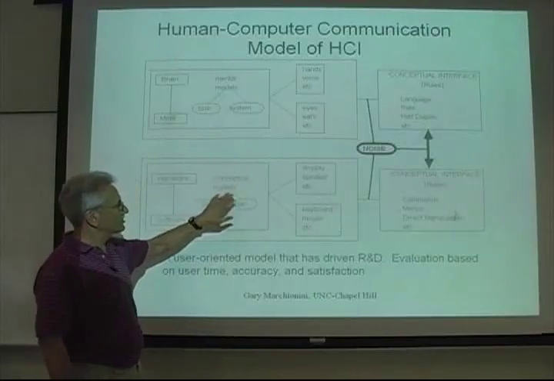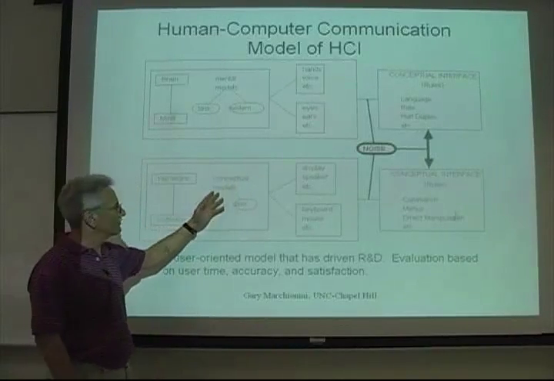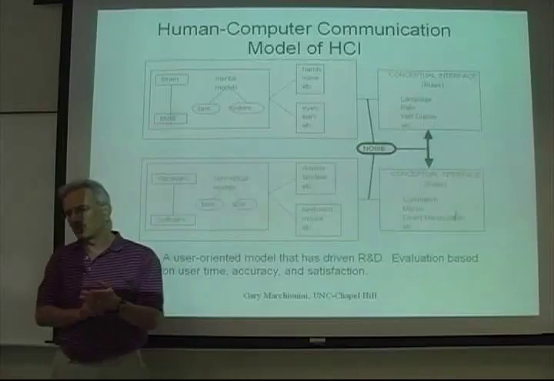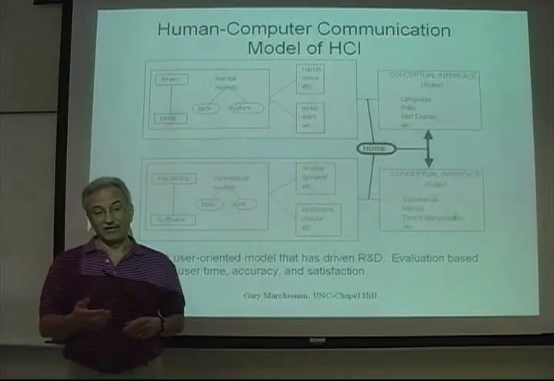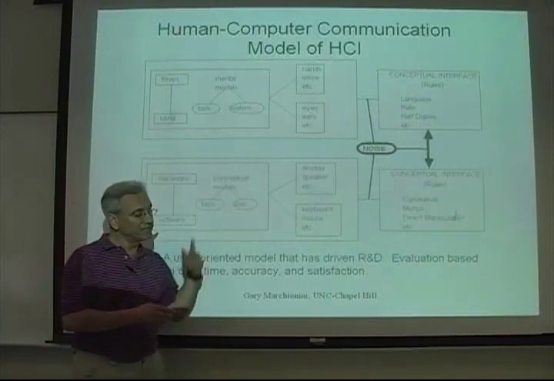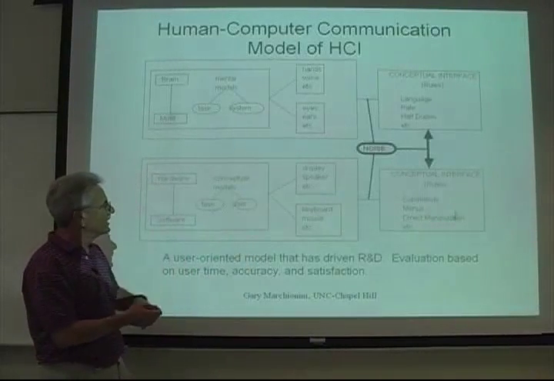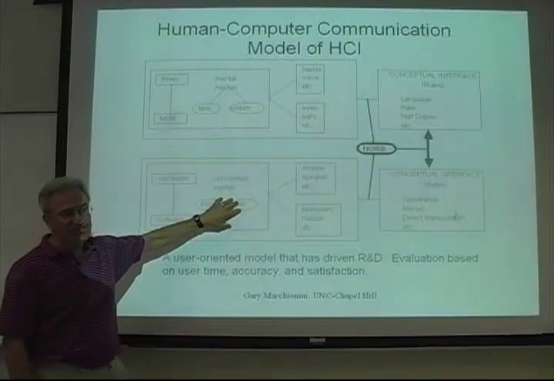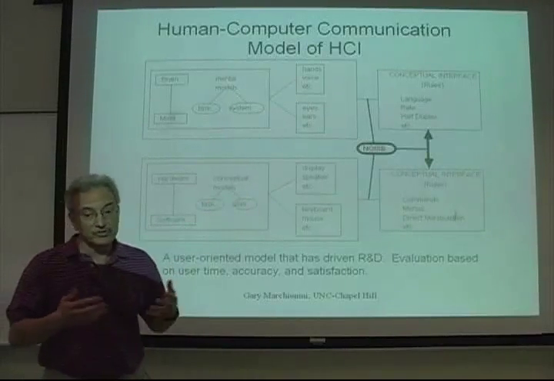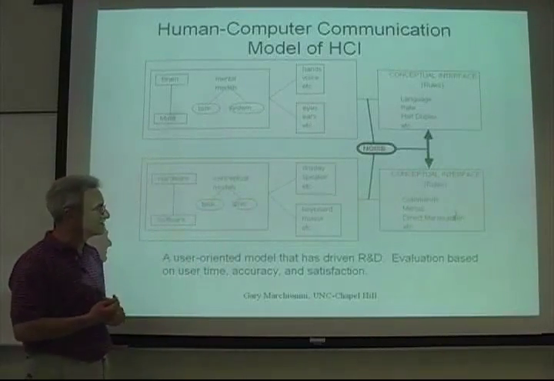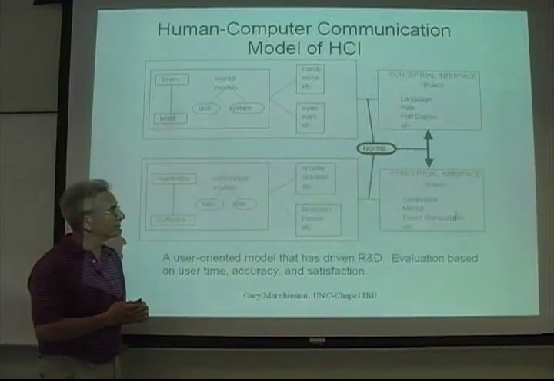In the machine, we certainly don't want to call them mental models, so sometimes they're called conceptual models. These are actually the models that programmers or the designers of these systems have for either the user or for the task. And so those conceptual models are built into the system and give it its kind of rules of operation and the kinds of functionalities that the software offers.